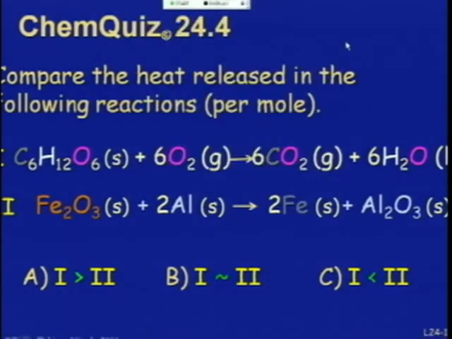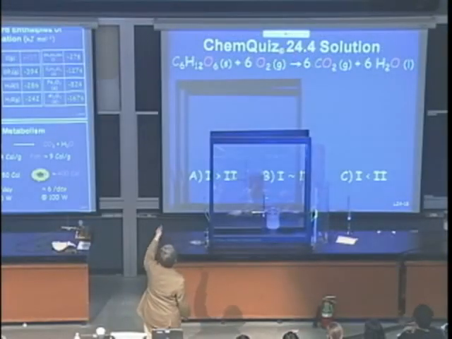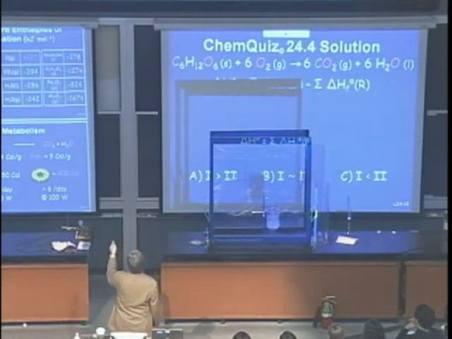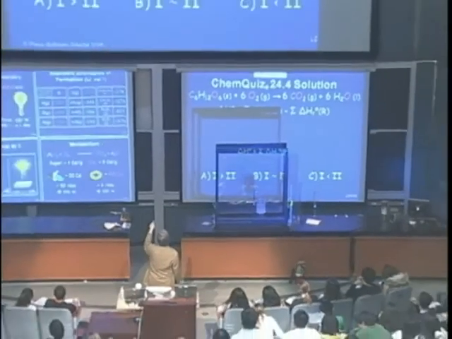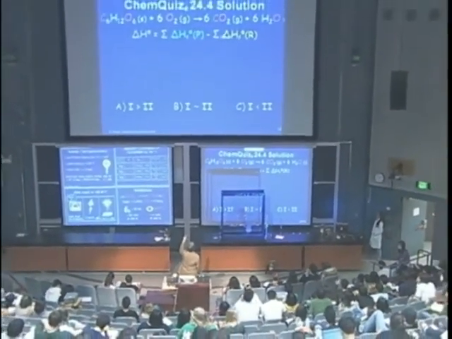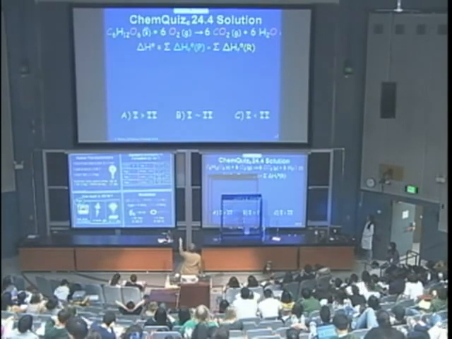Why is that? So this is our equation. We calculate the enthalpy of formation of this here. This means liquid here. So delta H of reaction at standard state is the sum of the heat of formation of the products, those guys, minus the sum of the heat of formation of the reactants, these guys.